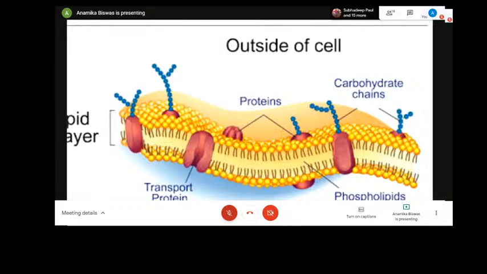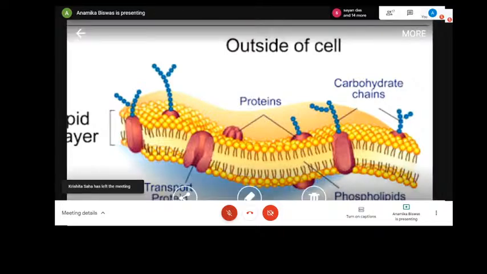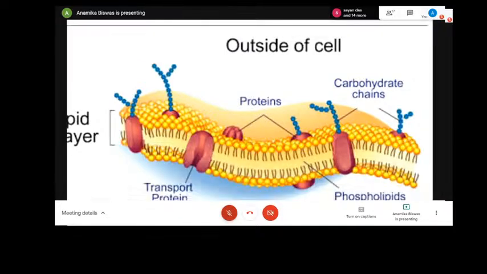But in active transport, the molecules move across the membrane from lower to higher concentration, that means against their concentration gradient.